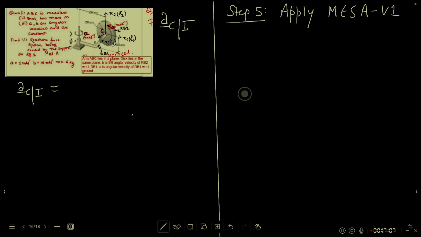Again, you can write ACI directly in a more direct way, or you can use the concept of IF as RB1 and IP as point A. A is fixed to IF. A is here. This is it. So ACI can be written in this manner.